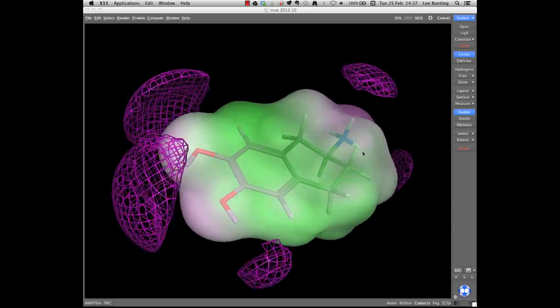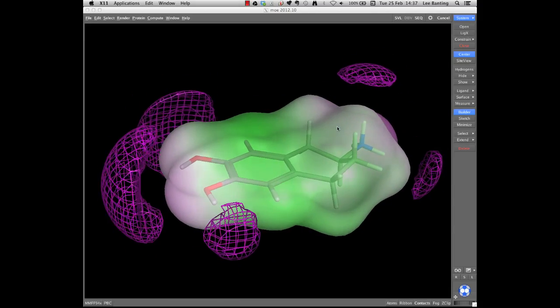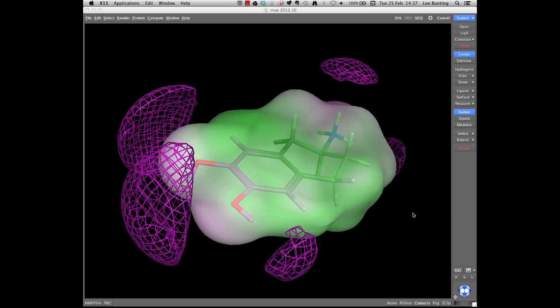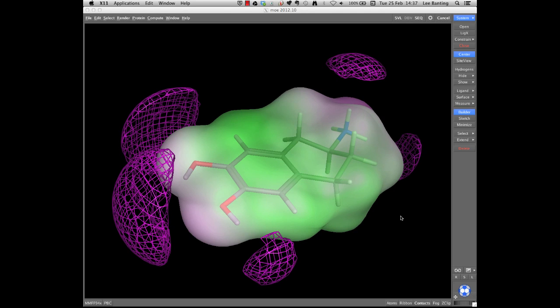Now, water can act as a molecular probe for functional groups on a receptor, like the OH group of a serine on an amino acid. It simulates how an OH would want to see this molecule, and it's useful for calculating positions within a receptor that a drug might want to go.